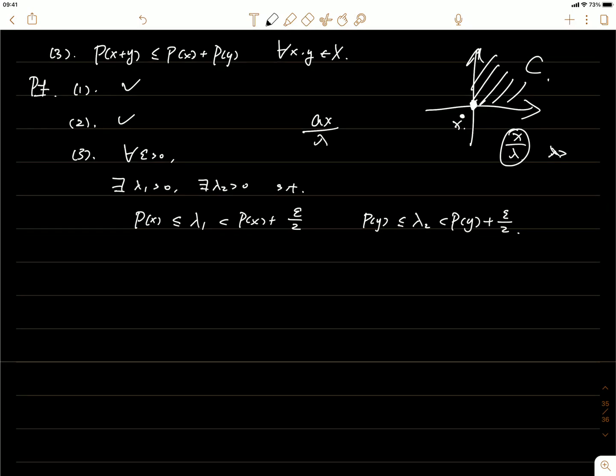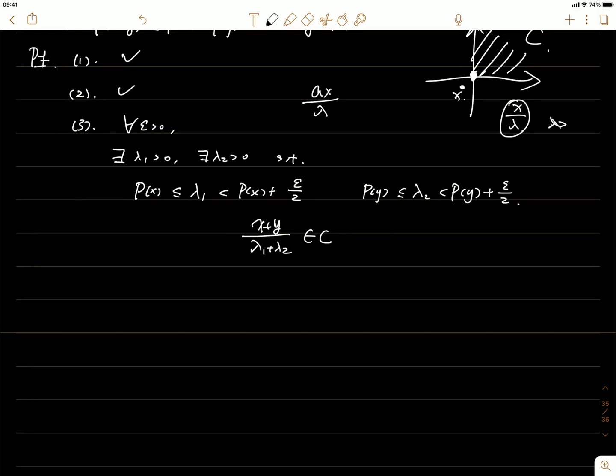Okay, and now I want to first show that x plus y divided by lambda 1 plus lambda 2 is in C. Okay, I want to first show this.